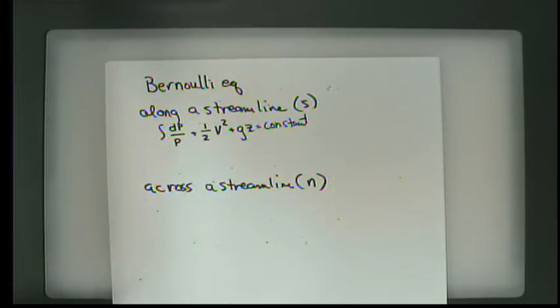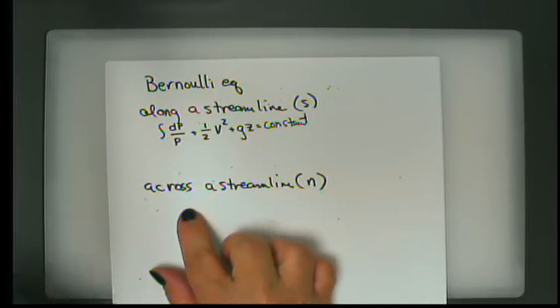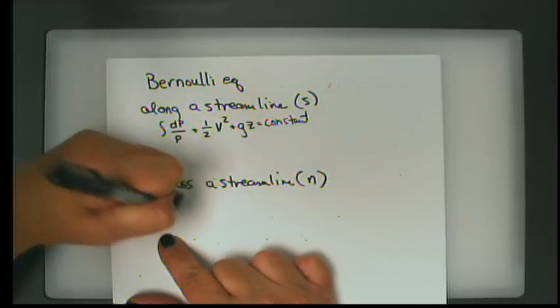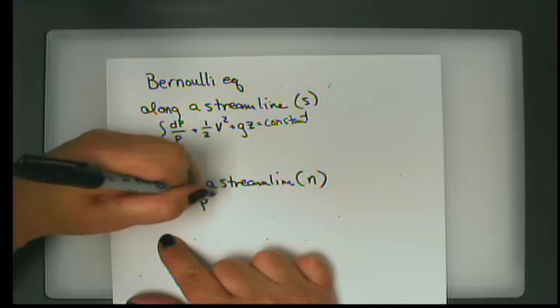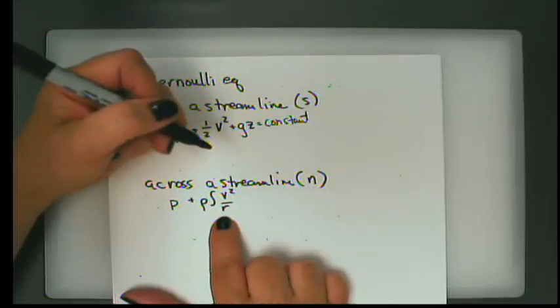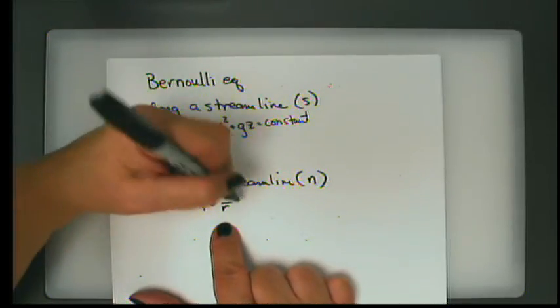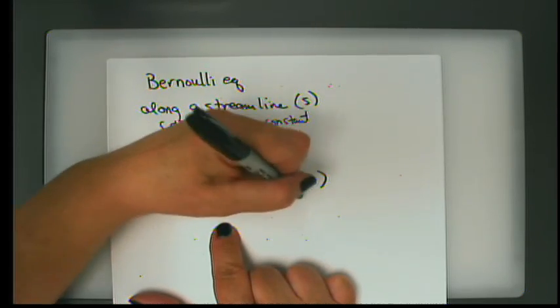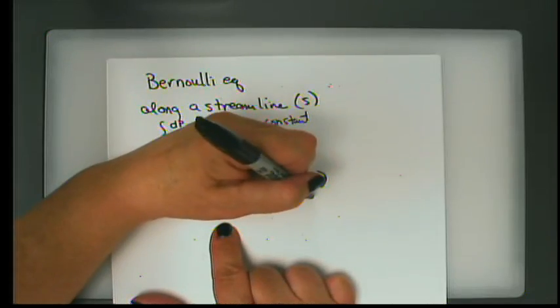Normal to a streamline, it's written a little bit differently, but you'll see some similarities. We get pressure plus rho times the integral of v squared over r dn plus gz is equal to a constant.